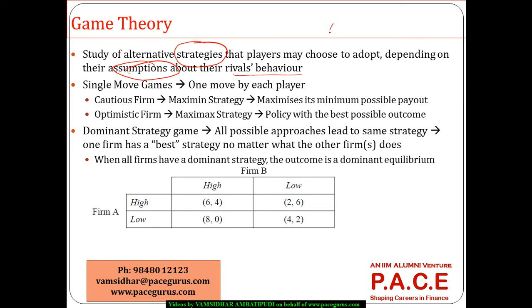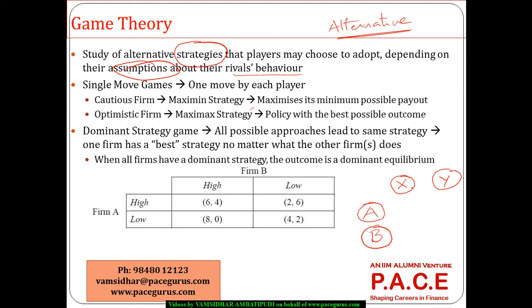I try to identify the various alternative strategies available to me, and based on the evaluation of various alternatives, I try to see what is the best strategy to adopt under the assumption that my rival or opponent is going to go with either strategy X or strategy Y. I would like to see what is the benefit or loss for me if I go with strategy A versus strategy B. So this is typically what goes as game theory.